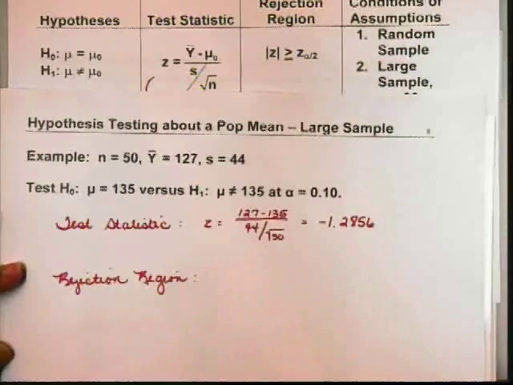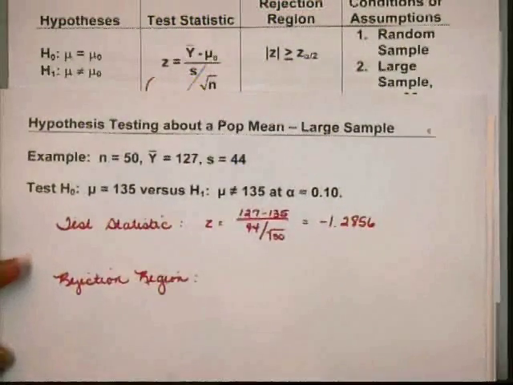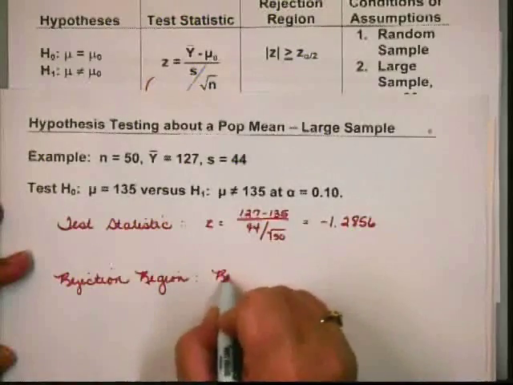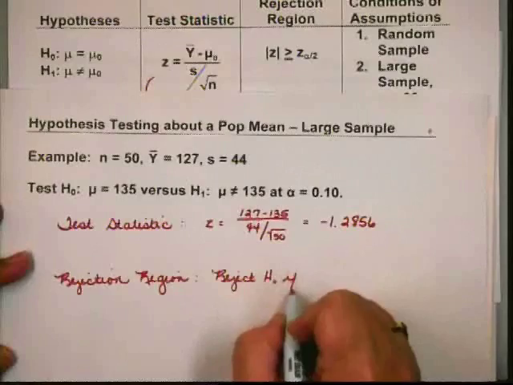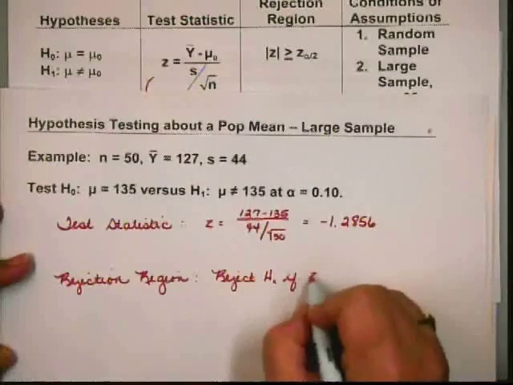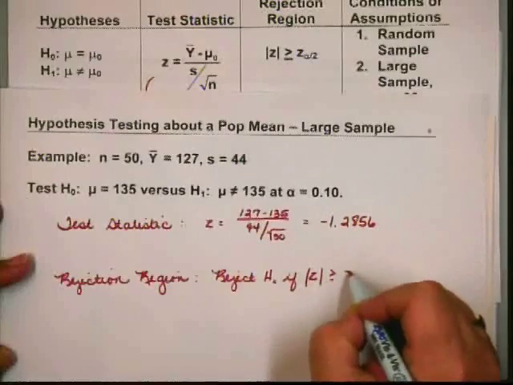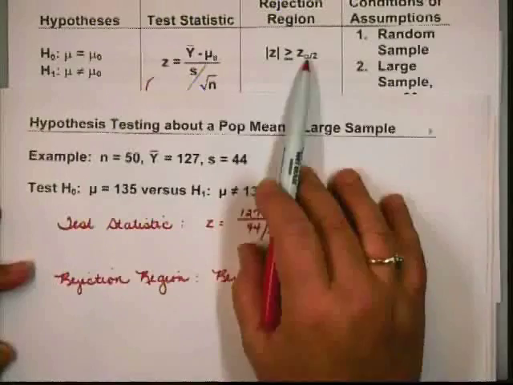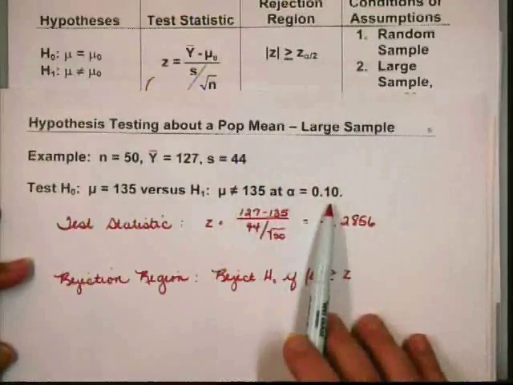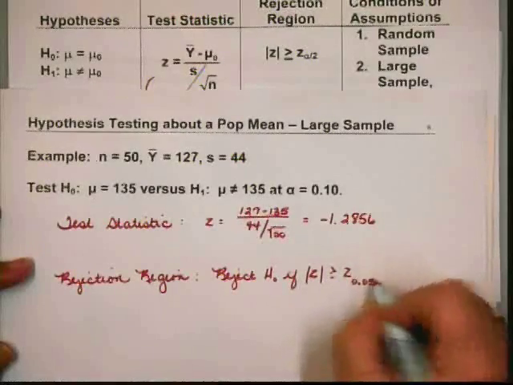Our rejection region is what? You're going to reject the null hypothesis if your calculated value for z up here has an absolute value that's greater than or equal to z determined by what right-hand area? Alpha over 2. Alpha is 0.1, so that means you're going to reject if z is greater than z determined by right-hand area of 0.05.